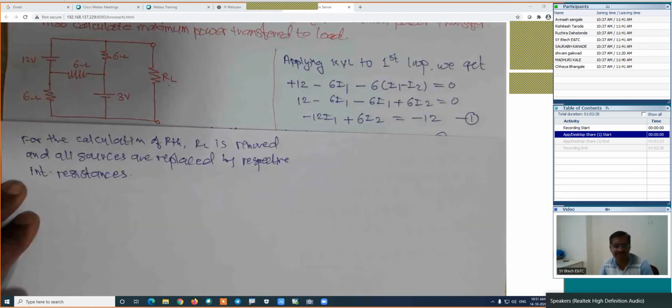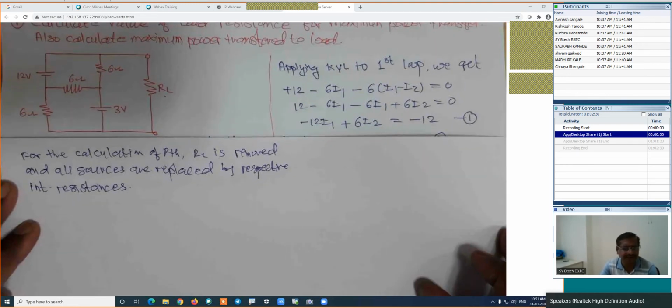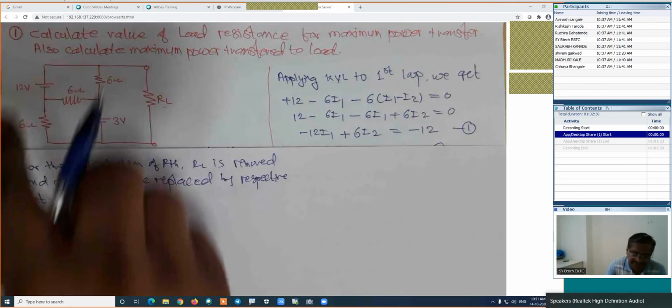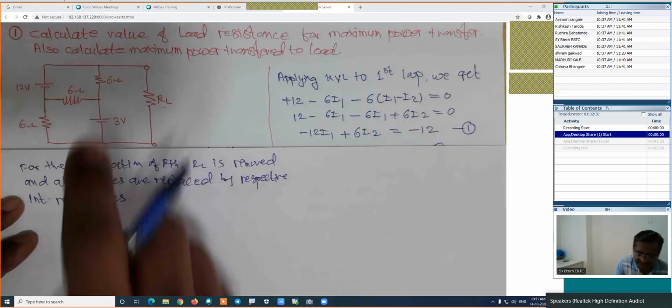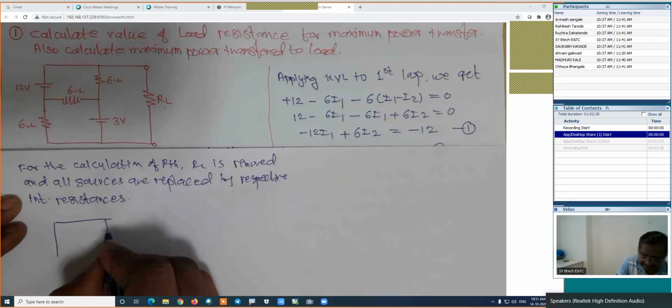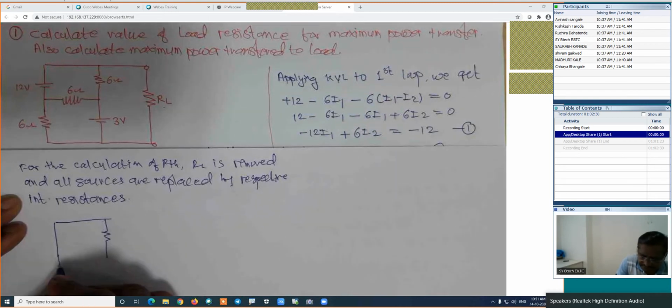How will the figure be in this case? The voltage source is replaced by zero resistance. In that case, this will be the figure for the calculation of RTH.